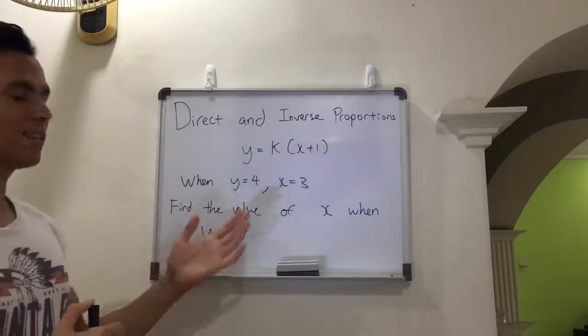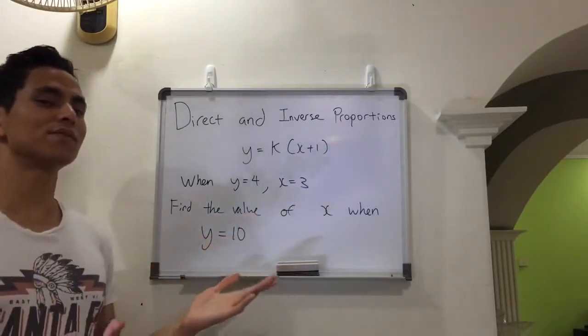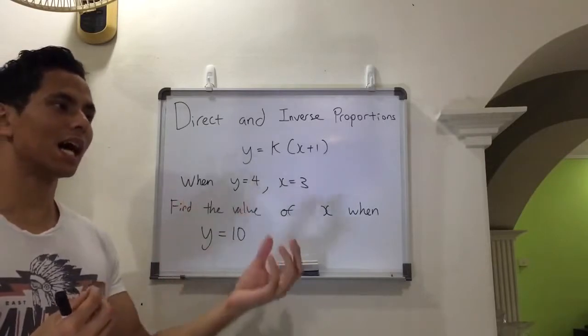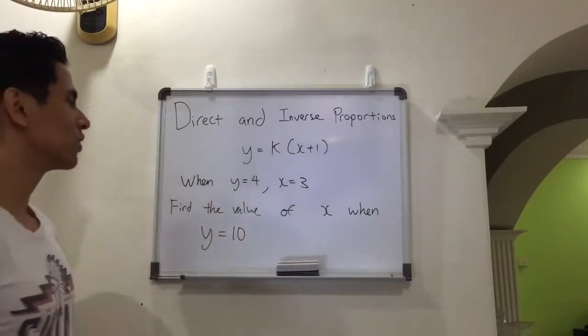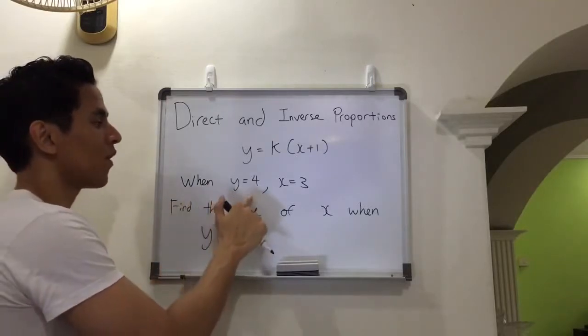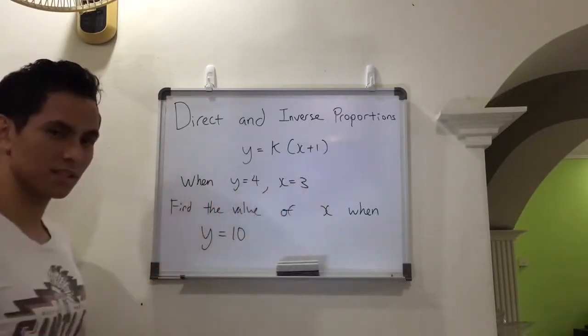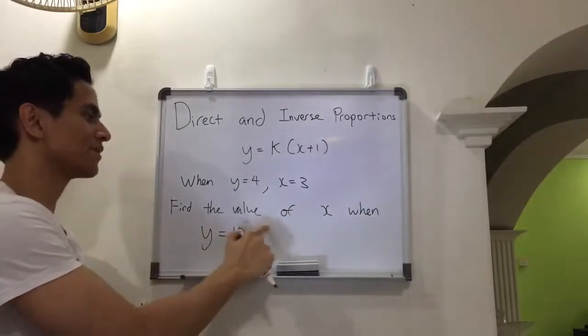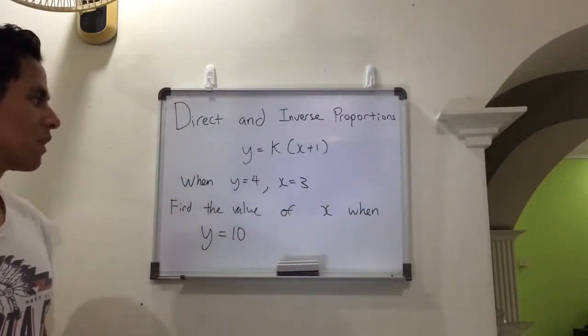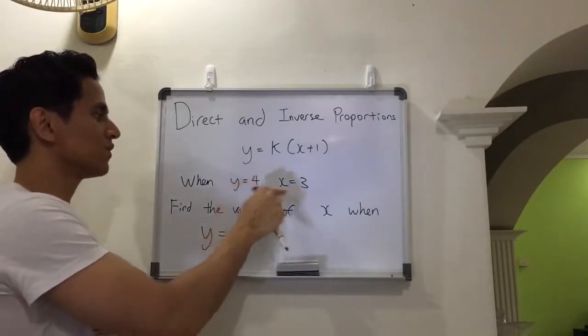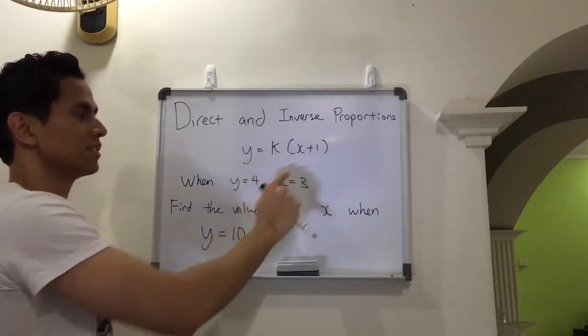Usually questions will give an example of what the numbers would be in one instance. So they say that when y equals 4, x equals 3. And then they ask us to find the value of x when y equals 10. In this example, what we have to do is substitute these two values inside this equation.